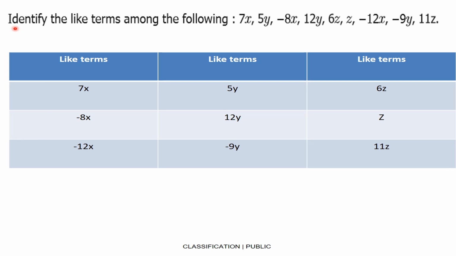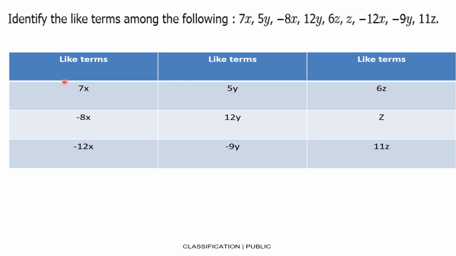Next, given question. Identify the like terms. Given 7x, 5y, minus 8x, 12y, 6z, z, minus 12x, minus 9y, 11z. Here we have to find the like terms.